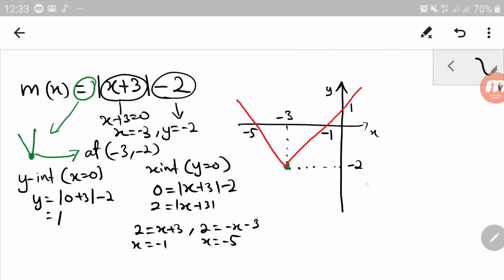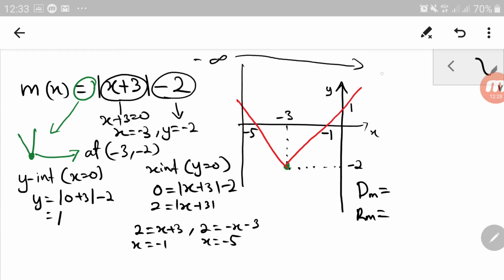Now let's write the domain and range. The domain, as usual, is all possible x's that can be put inside the function. So we trace a line here. It starts from minus infinity way over there and doesn't end actually, so it's all real numbers.